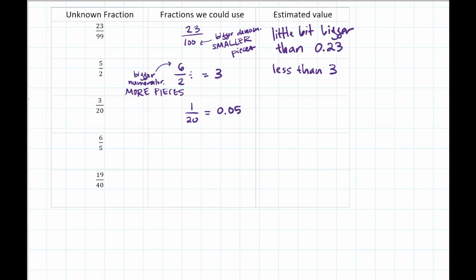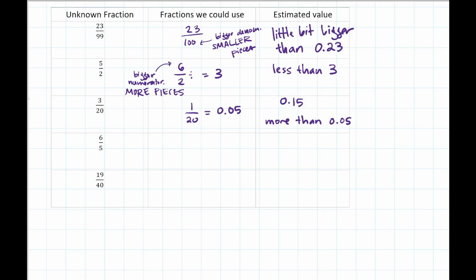I might actually be able to say this exactly. I'm going to say this is really exactly 0.15, because I have 3 nickels, 15 cents. Or I could also just say more than 0.05 if I don't want to do that precision of nickels.